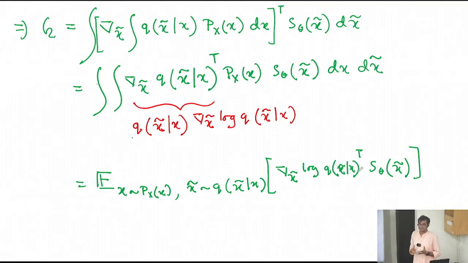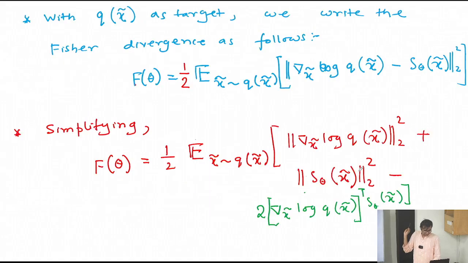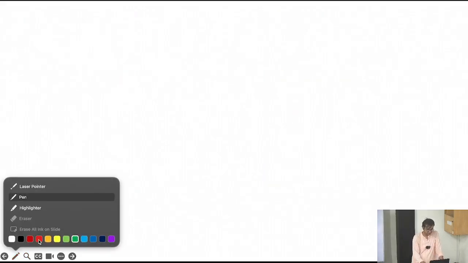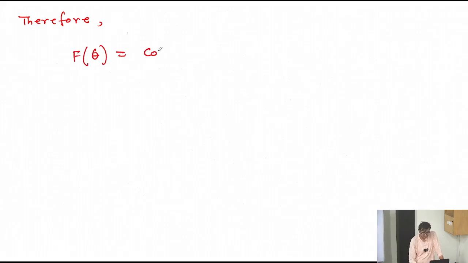Now, this is only one, the green term. There are additional terms there. I need to put a comma and substitute it here. So what is my loss now? So therefore, f theta is equal to, first term was constant, right?